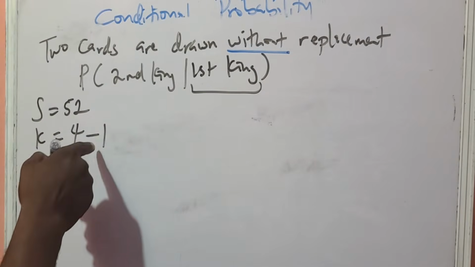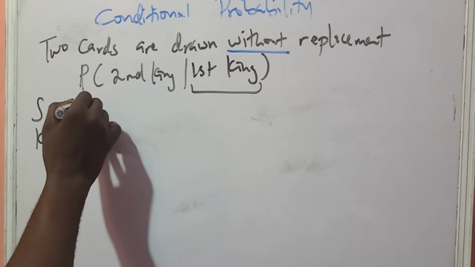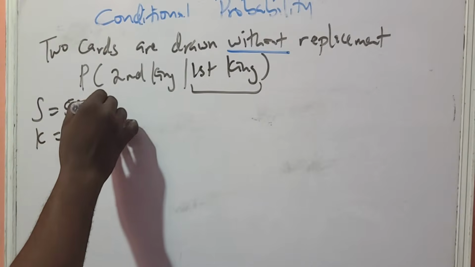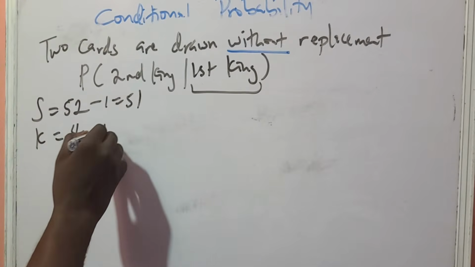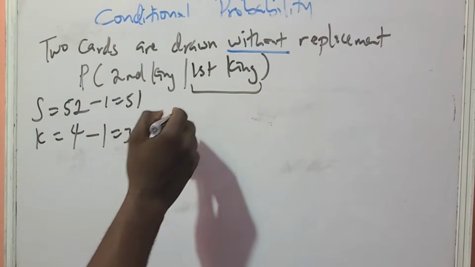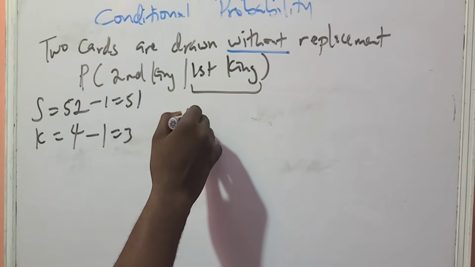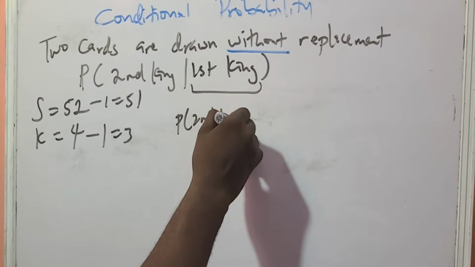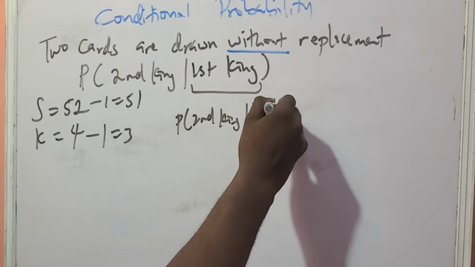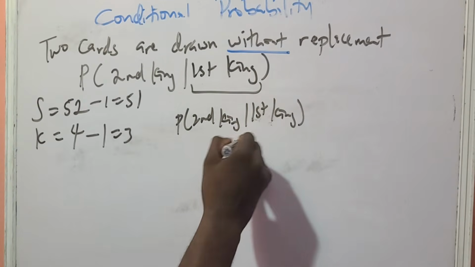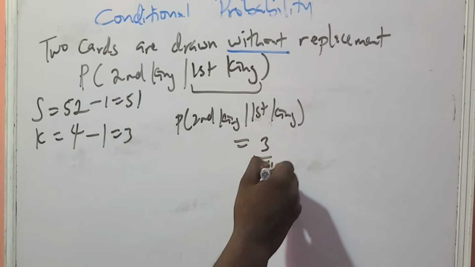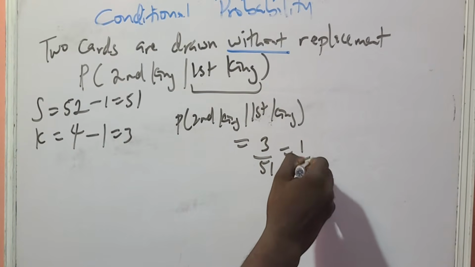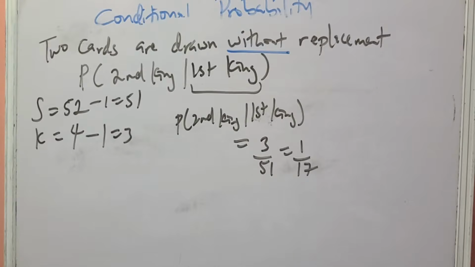And if you have the deficiency of 1 king, your cards reduce from 52 to 51. This becomes 3. So the probability of second being king, given that the first was king, will obviously be equal to 3 over 51, which will be 1 over 17. You can see how this goes. It's all about the concept.